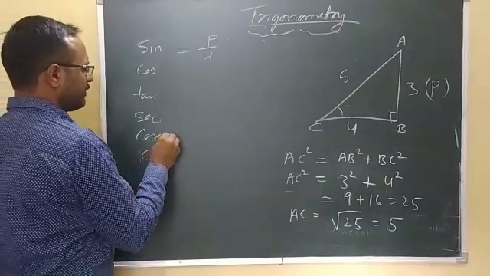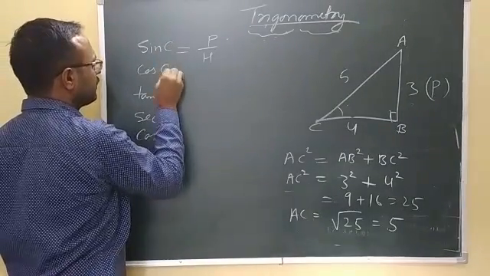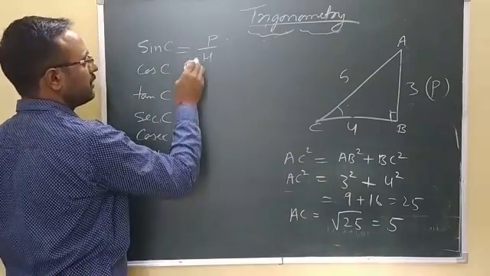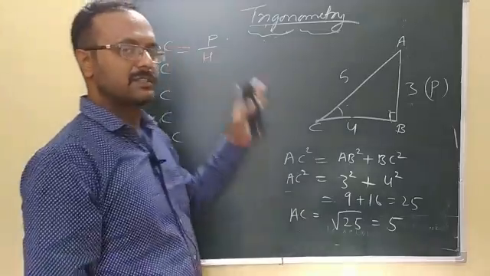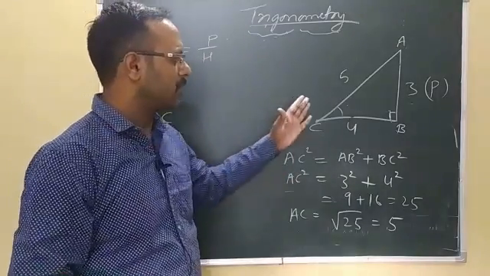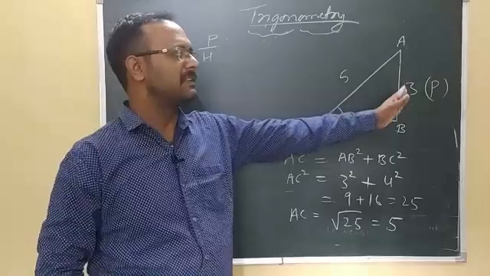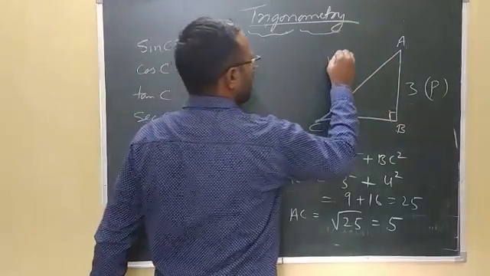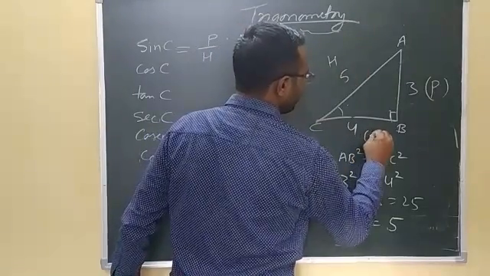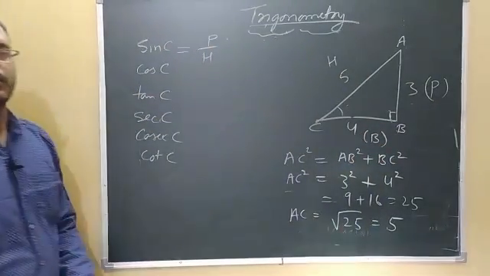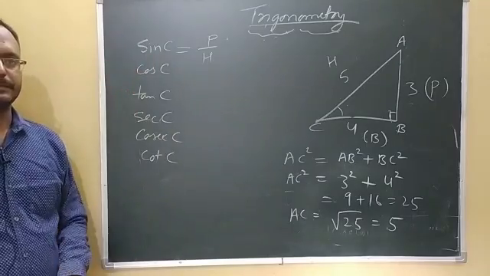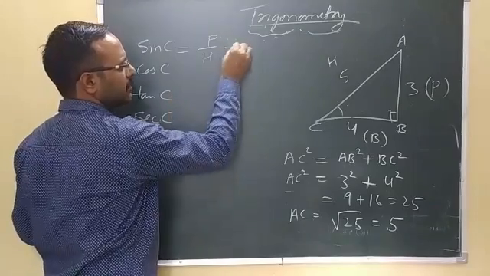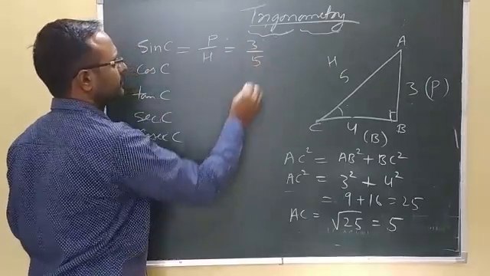We have to find sin C, cos C, tan C, sec C, cosec C, and cot C. So according to C as the angle theta, the opposite side is AB. So AB will be the P, this will be the H, and this will be the B. To calculate sin C, sin C equal to P upon H, that is equal to 3 upon 5.